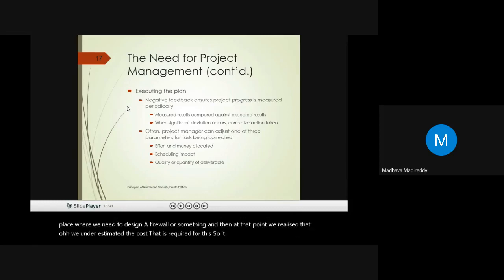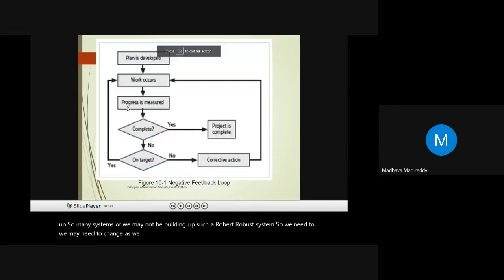Sometimes the delivery cannot be done on time. We thought of finishing this entire thing within 12 weeks, but unfortunately it's going to take more time, and the quality and quantity of the delivery can also be compromised. We may not be able to build so many systems, or we may not be building such a robust system. So we may need to change as we start executing the plan.